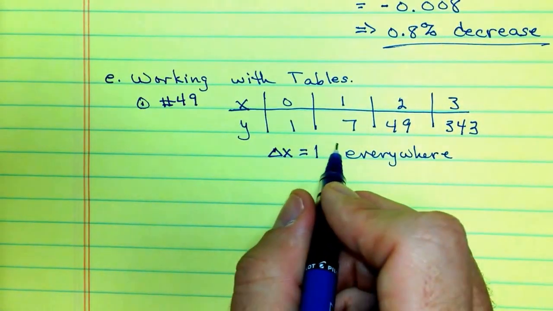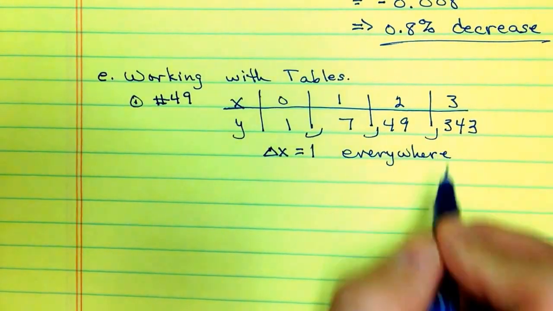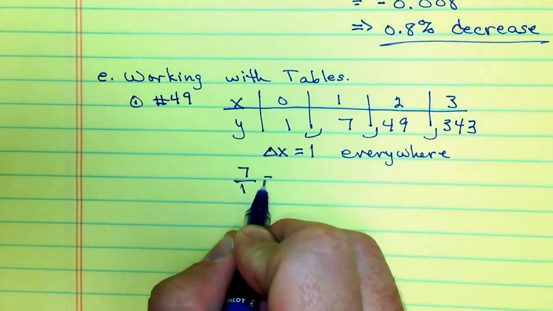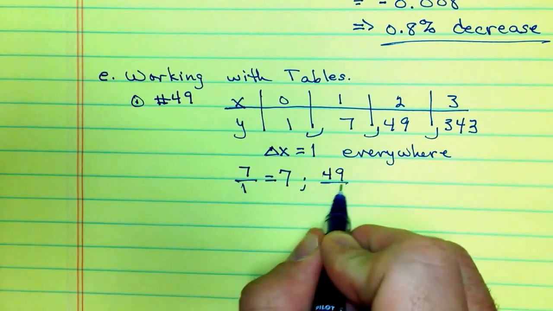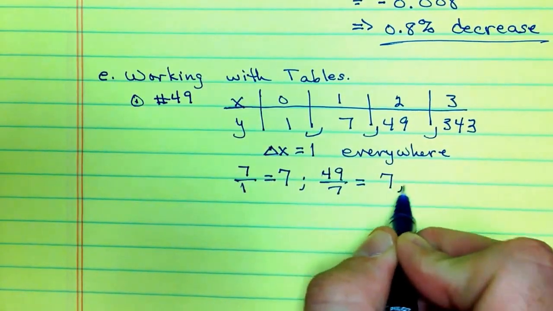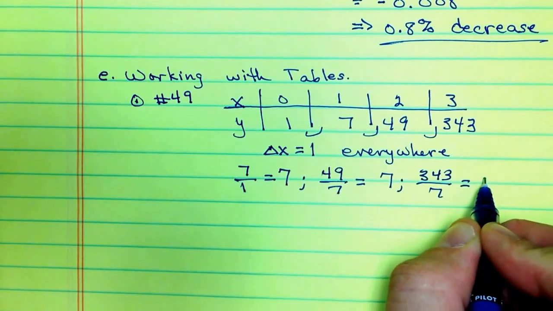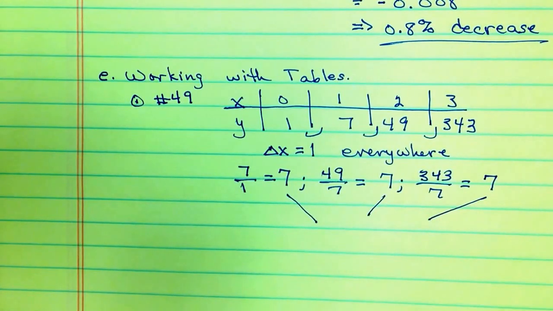So we look at 7 divided by 1, 49 divided by 7, 343 divided by 49. 7 divided by 1 equals 7. 49 divided by 7 is 7. And 343 divided by 49 is again 7. So all these are the same.